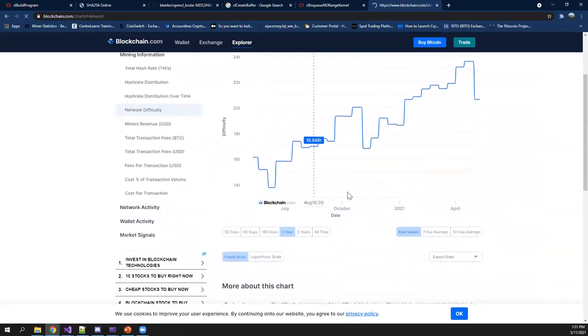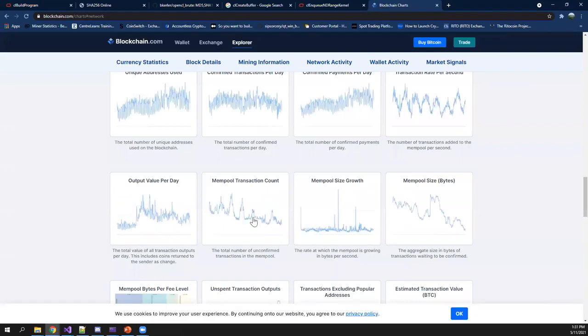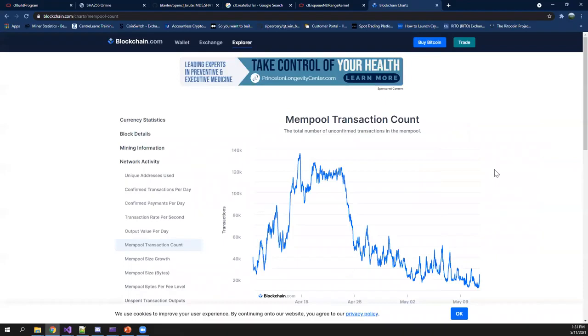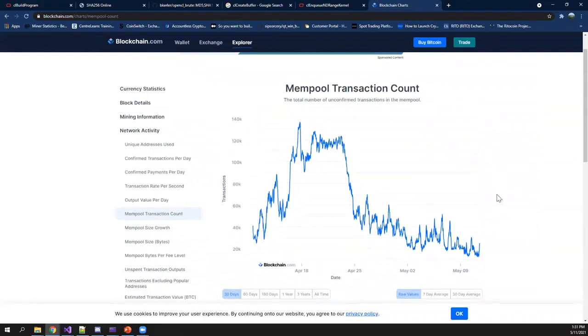Let's see if there's network activity. Oh yeah, here you go. Mempool transaction count: how many transactions are currently sitting in the mempool? 24,000 transactions waiting to be processed because there are just so many people trying to get onto this thing.